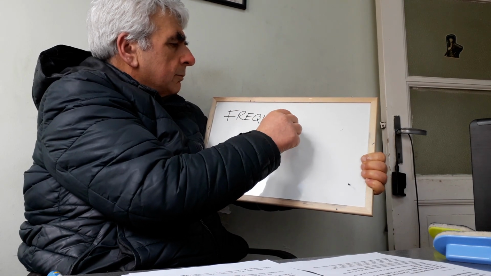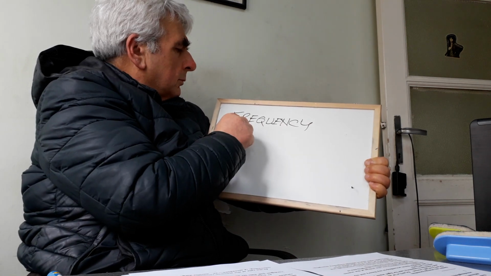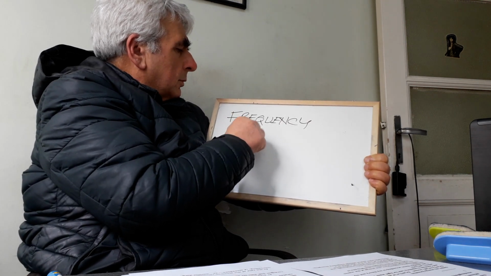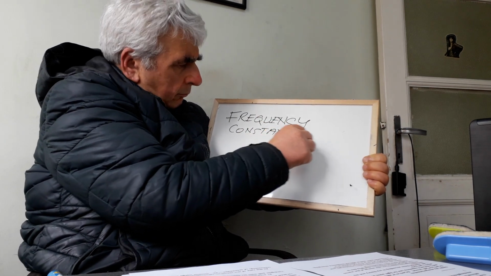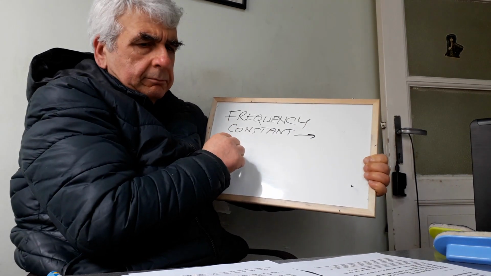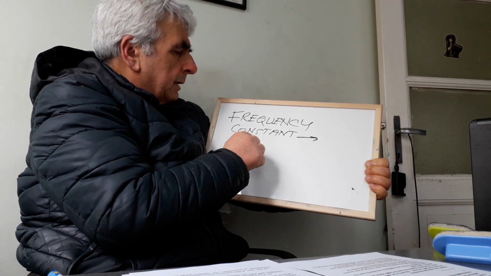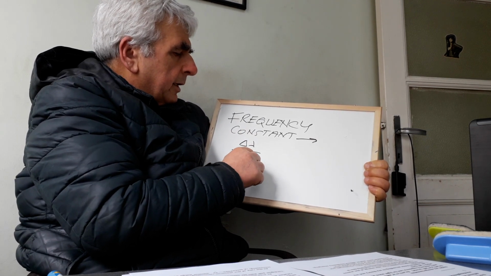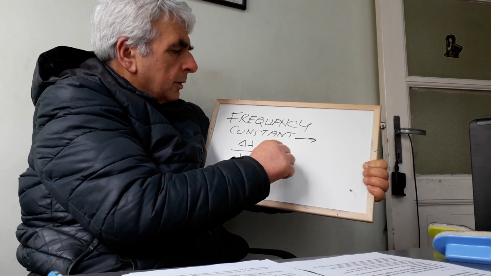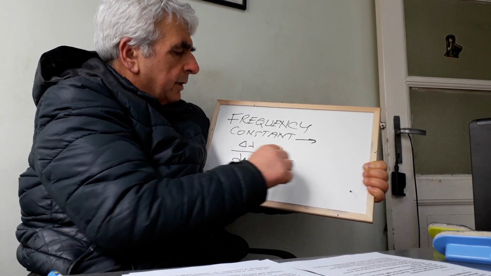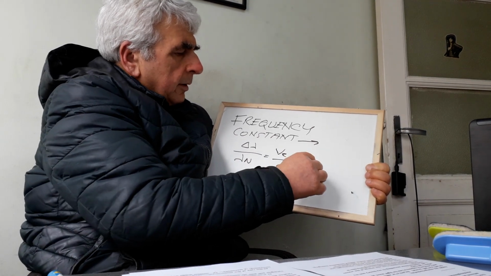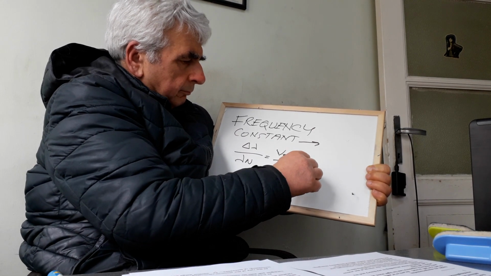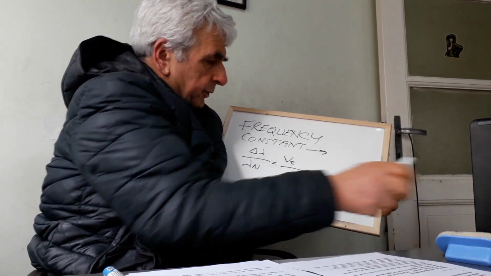Frequency constant. Yes. Delta lambda divided by lambda n equals source velocity divided by c. Okay. Relationship.